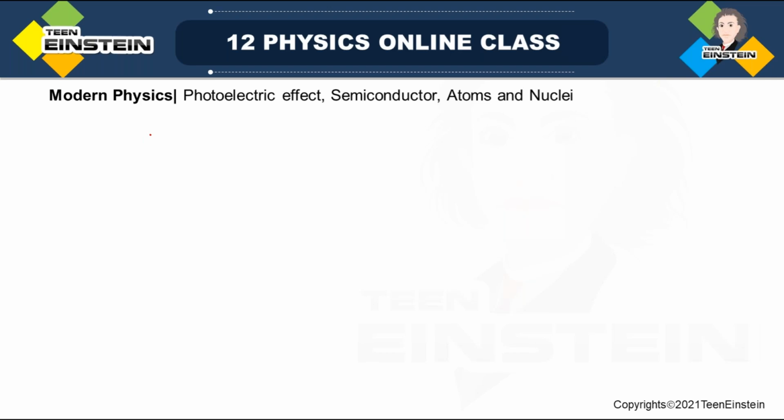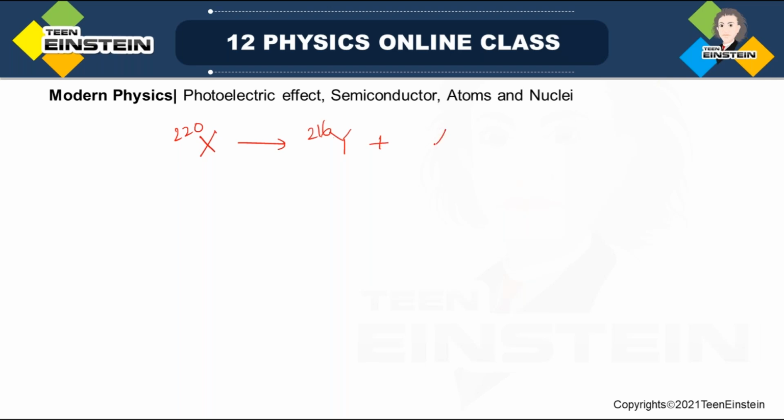A nucleus with mass number 220 is initially at rest.